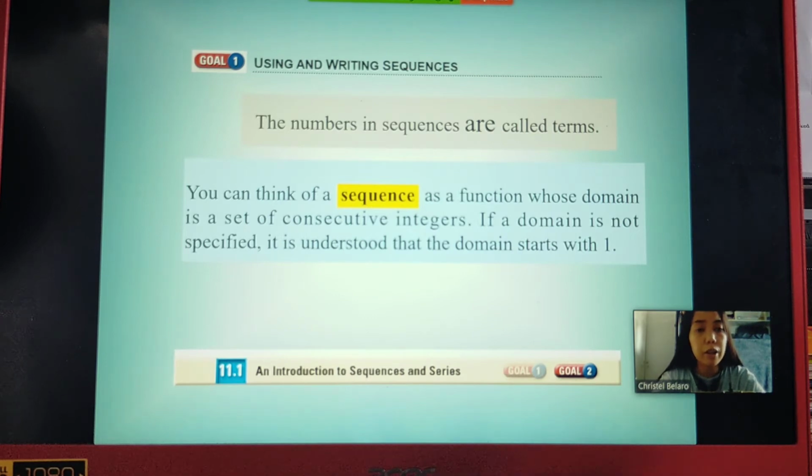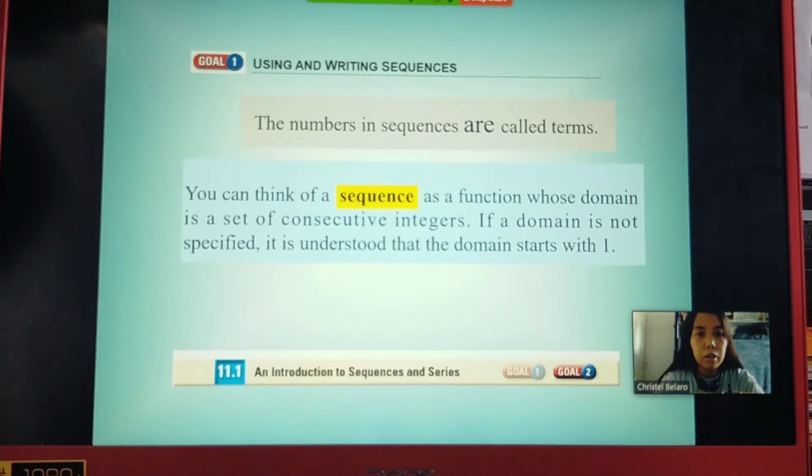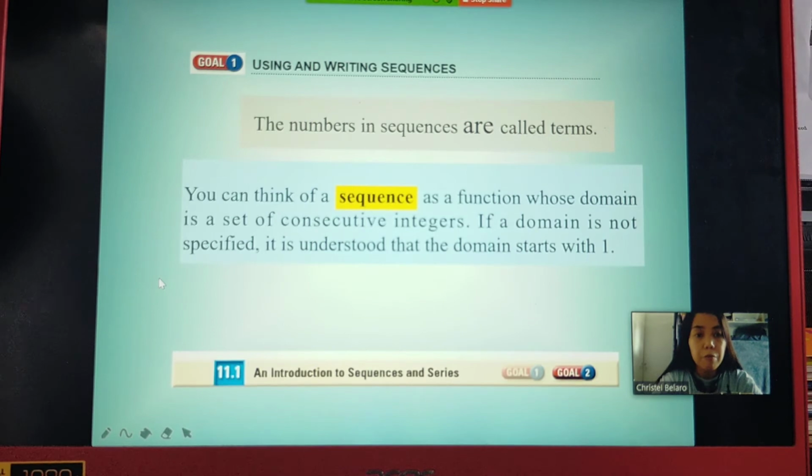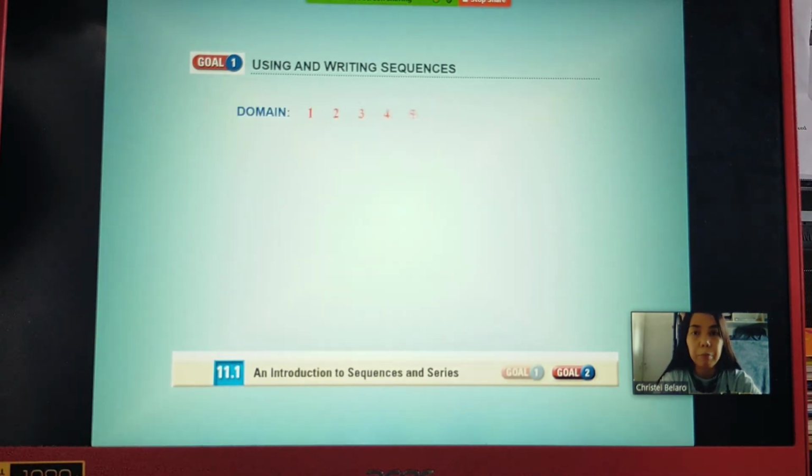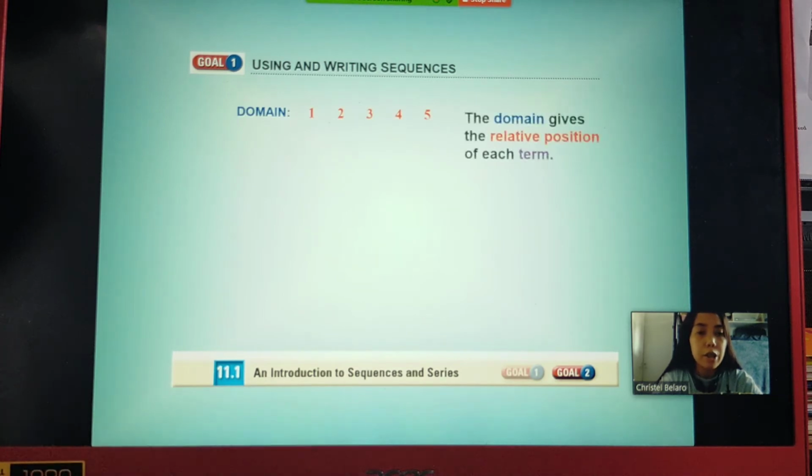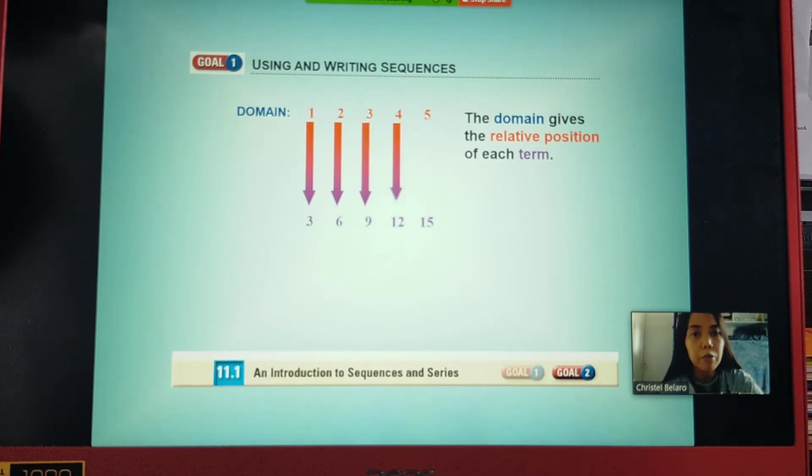When we say domain, class, it's the set of x values, or those are the inputs. So like in our example, we let n be equal to 1, n is 2, n is 3, n is 4, and n is 5. The domain gives the relative position of each term.